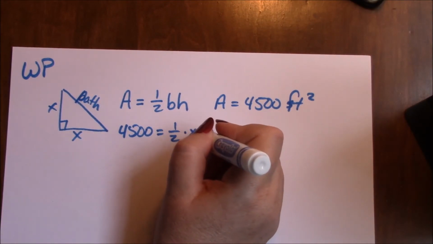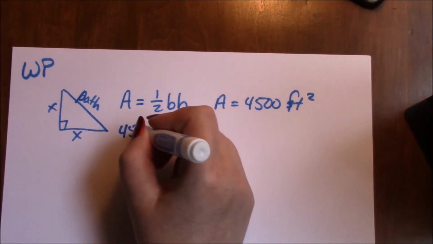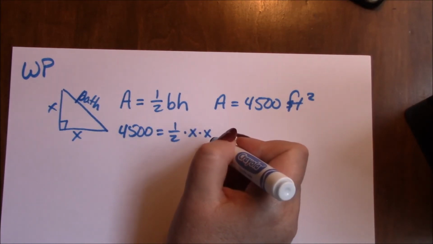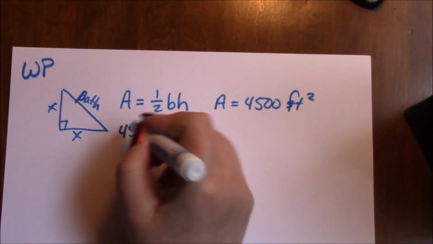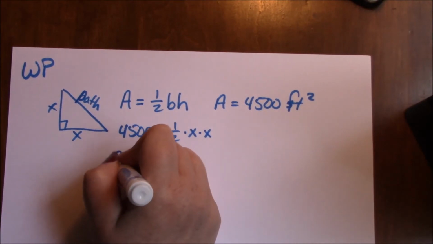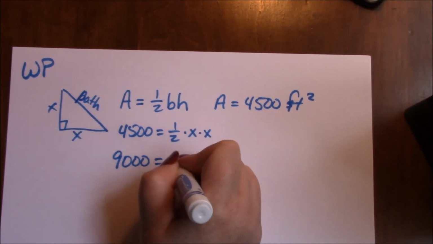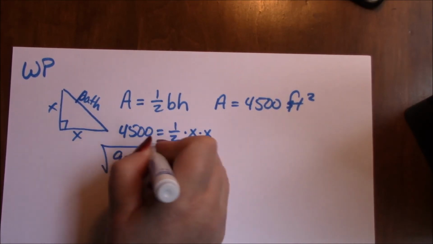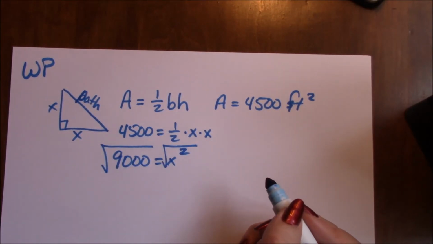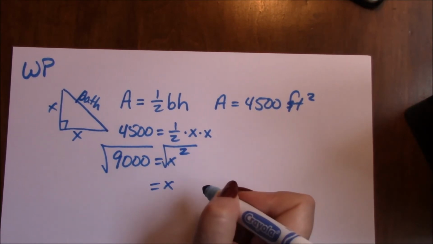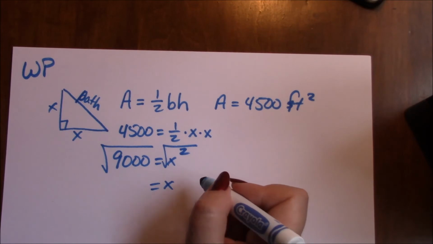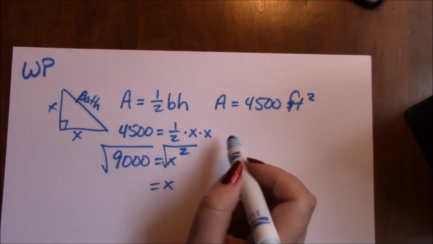So we've got 2x times 1/2 is going to equal 4,500. So we have to work backwards. If I multiply both sides by 2, I get 9,000 equals x squared. And I want to know what the square root of 9,000 is. So x equals, and the square root on a calculator is not plus or minus because this is an actual thing.